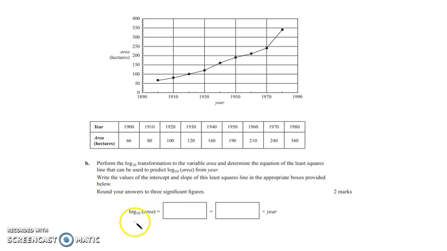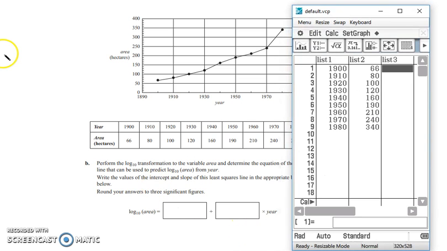so that we're logging the y variable. What you need to do is get your CAS calculator out and place all the variables for your x variable and your y variable in. Because we're doing the log y transformation, and area is the y axis, you can put down the bottom here log list 2, placing the variable name in where your y is. In my case, I've got list 2.